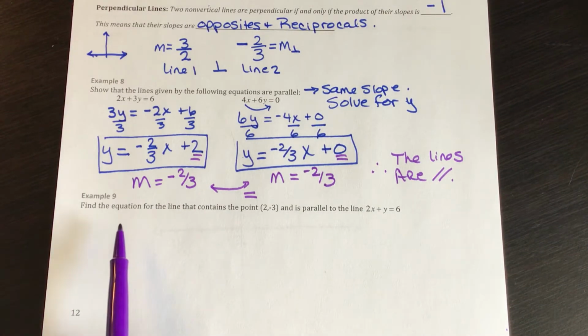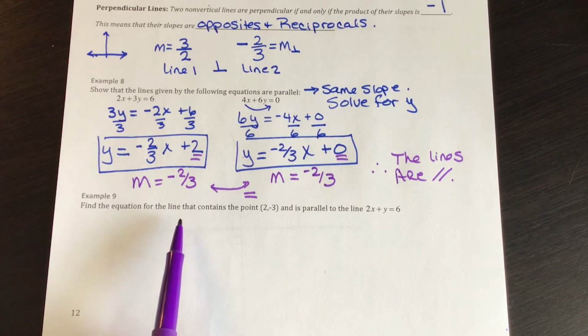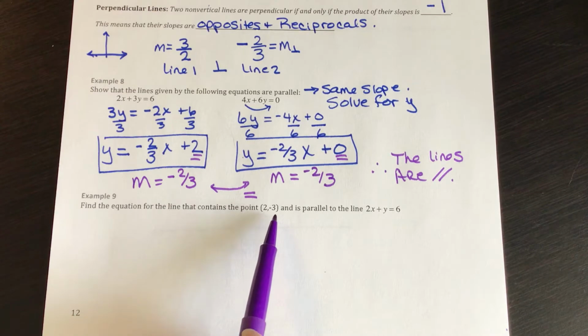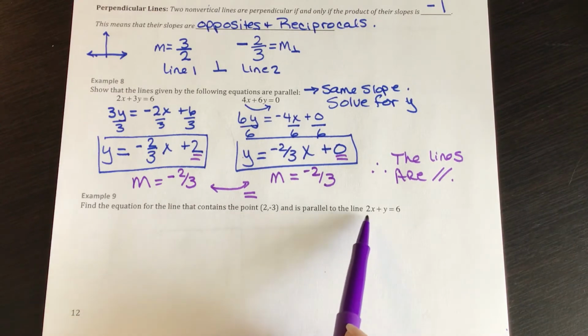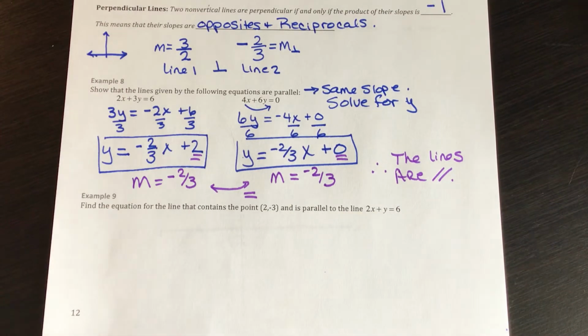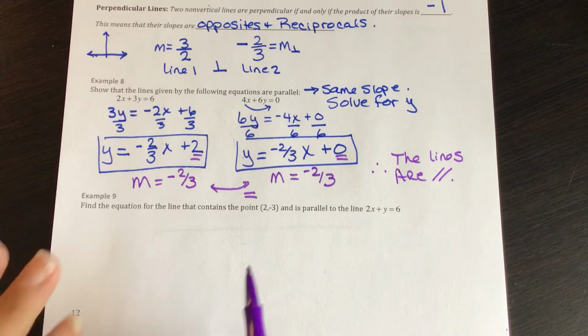Example 9 asks us to find the equation of the line that contains the point 2, -3 and is parallel to the line 2x plus y equals 6. All right, so we're writing an equation of a line.